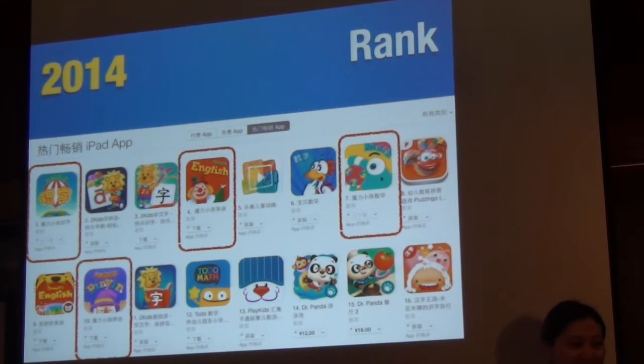So the top apps, for the most part, are all English, Chinese, or math. If you cannot understand Chinese, you can just see the pictures. This means Chinese pinyin, and this means English, and this means maths. So you can see the rank. It's just talking about Chinese, maths, pinyin, and English.